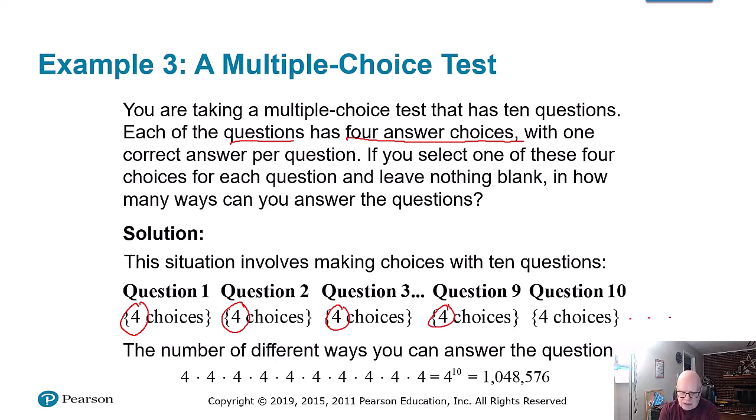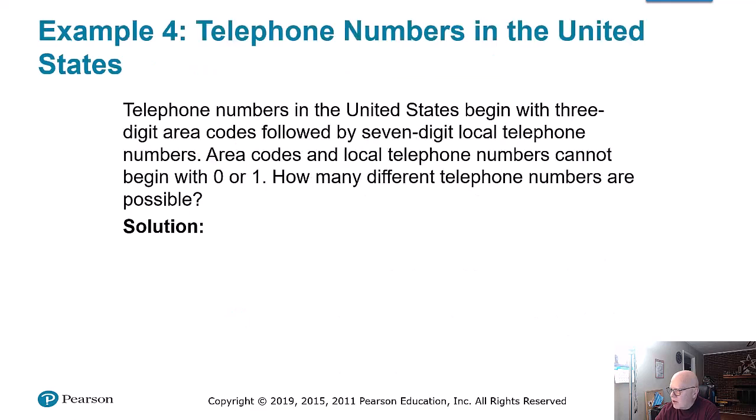Let's look at another one. Give you a different angle on it. Telephone numbers in the United States. Now, we know that there are 7-digit local telephone numbers, and you've got 3-digit area codes. How many different phone numbers can you have in the United States with that setup? Well, we've got 10 groups of items.